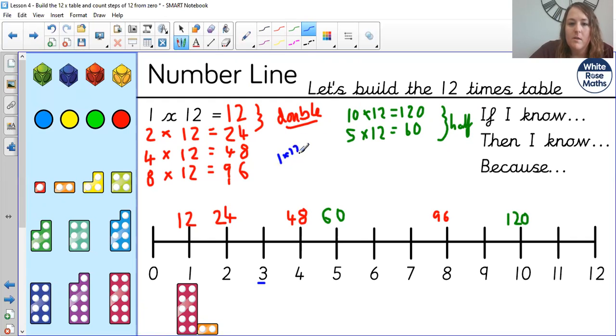So 1 times 12 was 12, 2 times 12 was 24, and I can add these numbers up to give me 3 times 12.